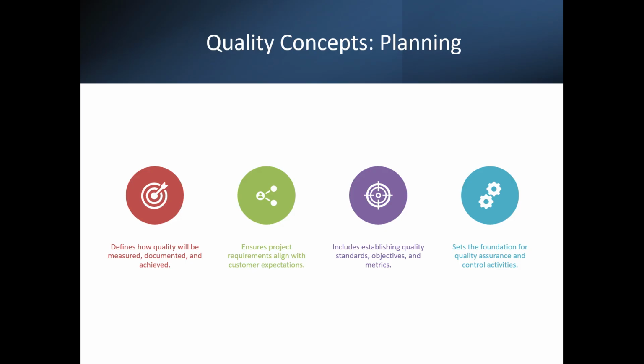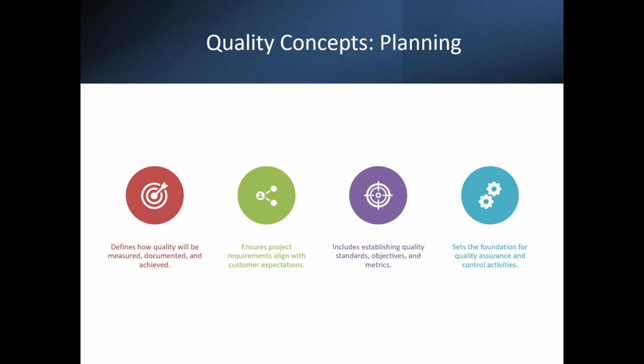This aligns the project requirements with customer needs and sets the foundation for quality assurance and quality control activities that come later. Without proper planning, teams often struggle to meet expectations or fail to achieve consistent results.